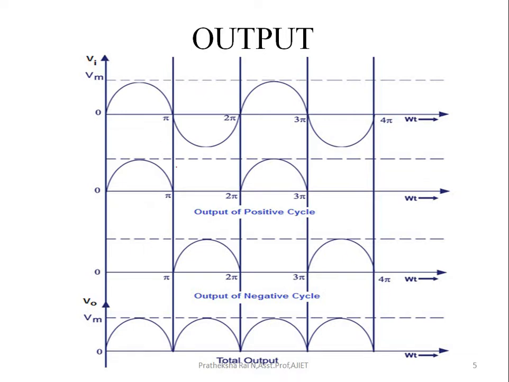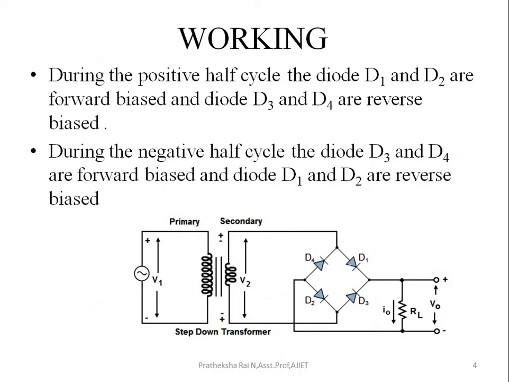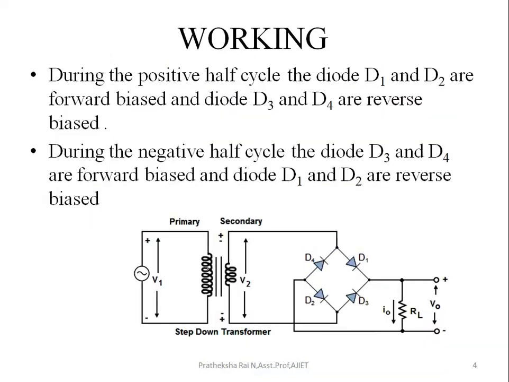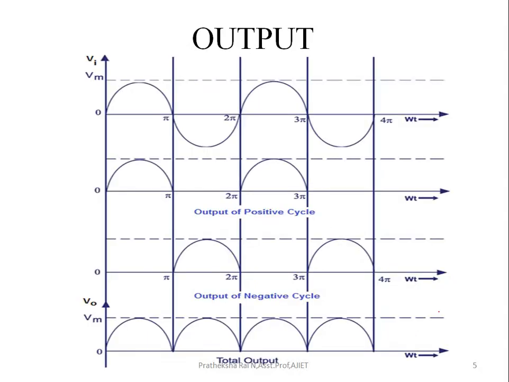During the positive half cycle, in this circuit diodes D1 and D2 conduct, so there is current flow in the load resistor due to D1 and D2. During the negative half cycle, diodes D3 and D4 conduct, and because of D3 and D4 there is a current flow from pi to 2 pi.